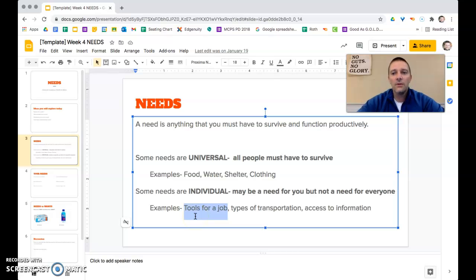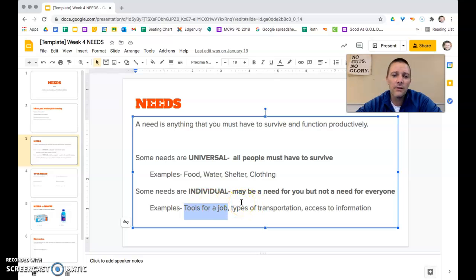For example, even in this past year, a need for you as a student now has become internet access. It didn't used to always be that way, but now it's really hard for you to function as a student without internet access. So there are the universal needs of food, water, shelter, and clothing, but there's also individual needs that we have that other people might not, or maybe just a small group of people.